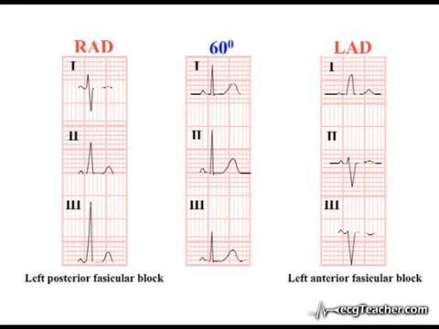For this reason, in axis deviation, the QRS duration tends to be in the upper limit of the normal range, between 0.1 and 0.12 seconds. And positive and negative components of the QRS complex in the individual leads separate to some degree.